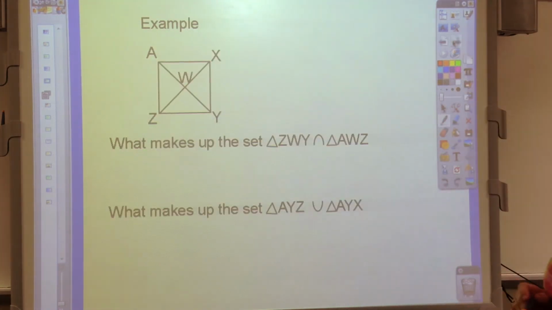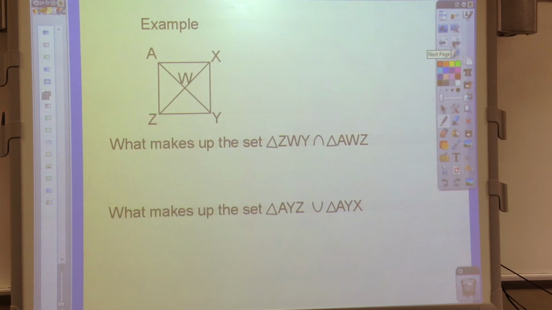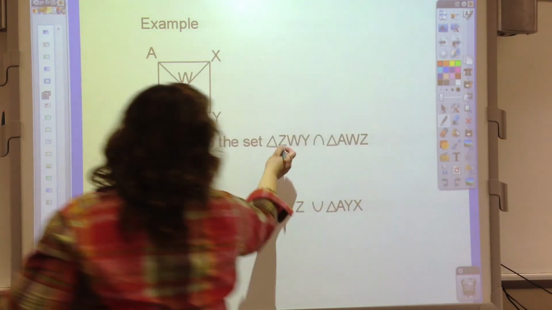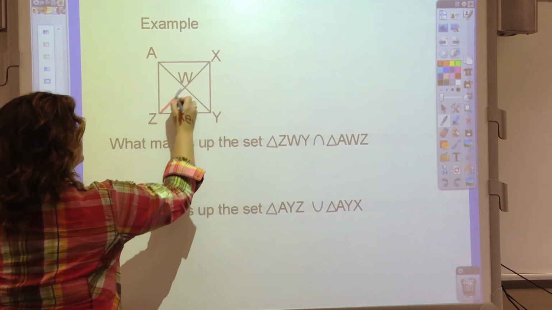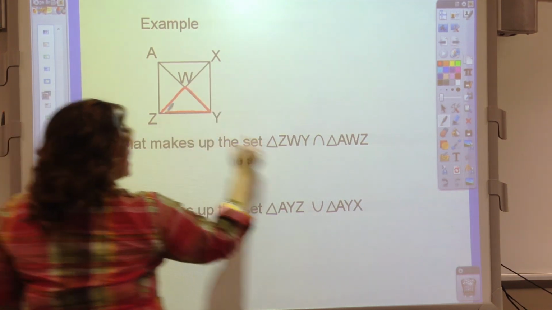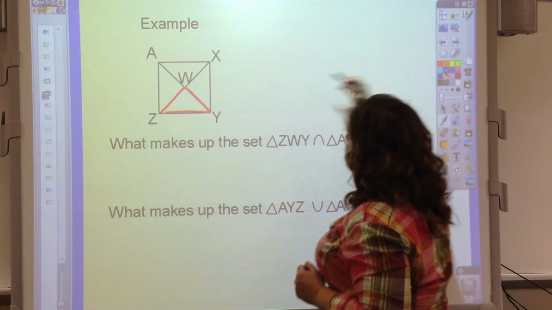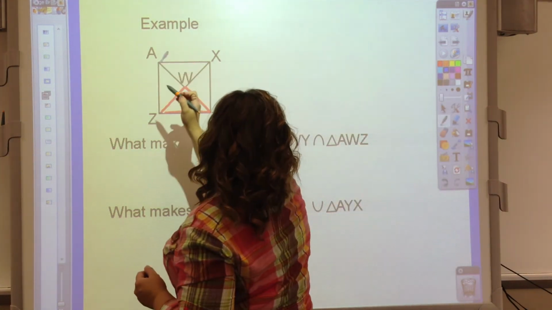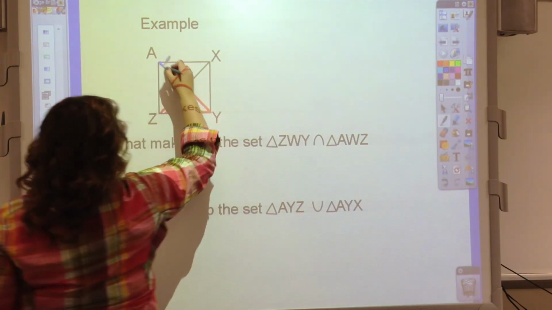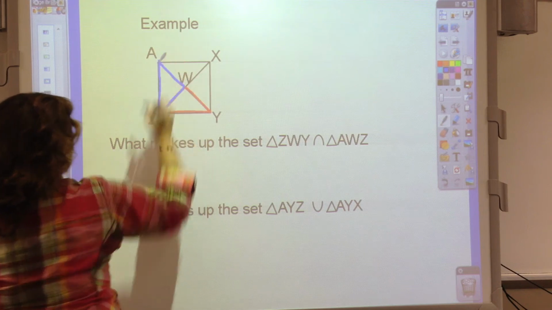All right, let's look at another example. What makes up the set of the intersection between triangle ZWY and triangle AWZ? Well, let's draw those. ZWY is right here, and AWZ is right here.